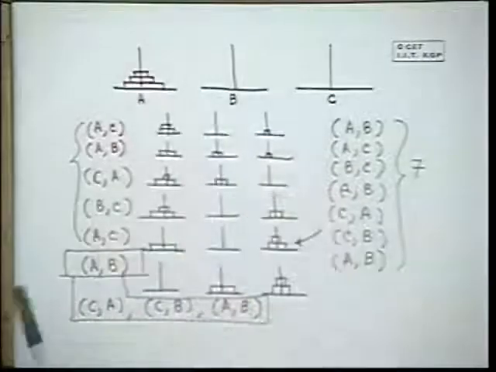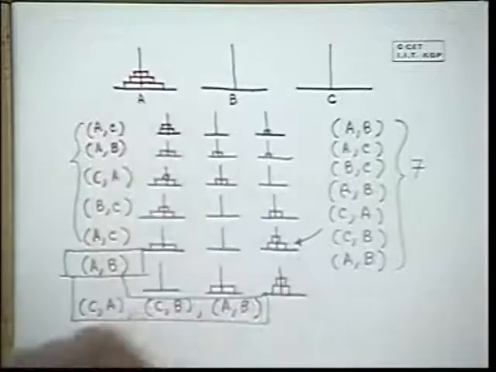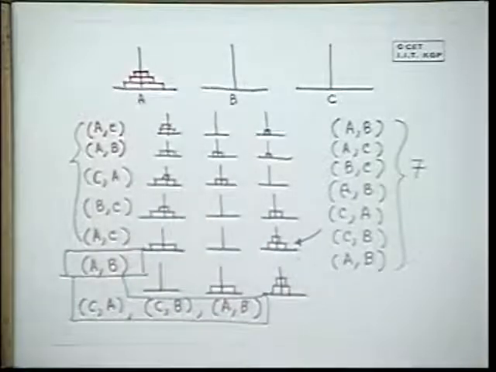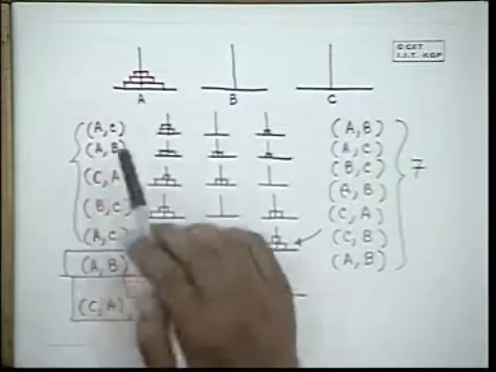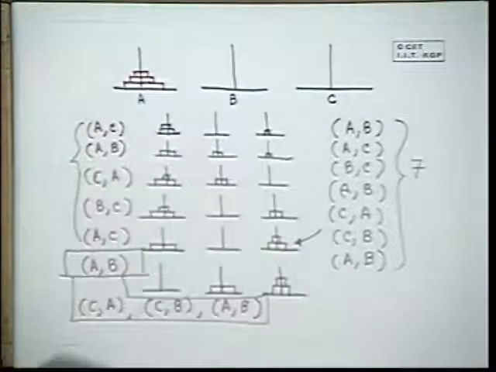But the next question is, what have we understood from this problem? We have understood that to solve the 3-disk problem, we have used the solution of the 2-disk problem. And how have we used it?